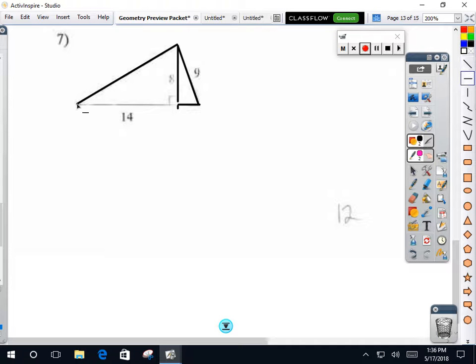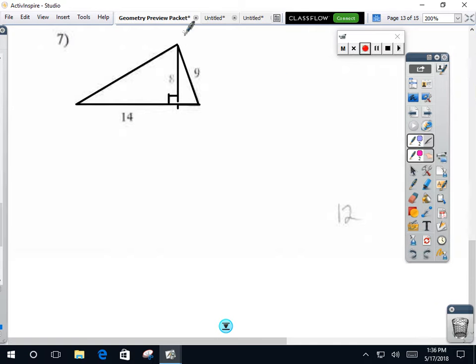Okay, so the given information is that this leg of both triangles is 8. The hypotenuse is 9, and then this portion of the leg, or this leg for this triangle is 14, but as far as knowing the entire base, we don't know it until we know this part, correct?